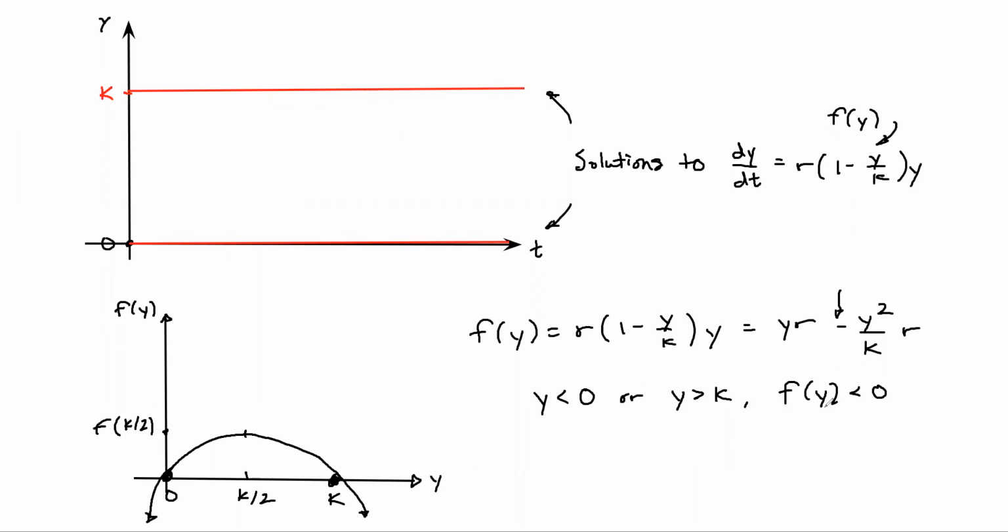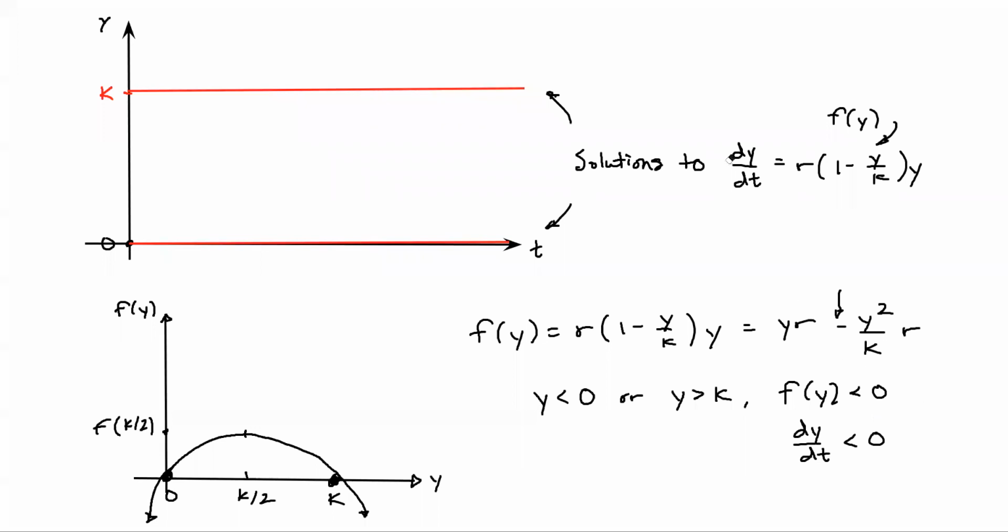Well, what do we know about f of y? We've been talking about f of y down here, but what did we do? We took our differential equation and we called the right-hand side f of y. We know that equals dy dt, so that tells us that dy dt is less than 0. Well, what's the point of that?